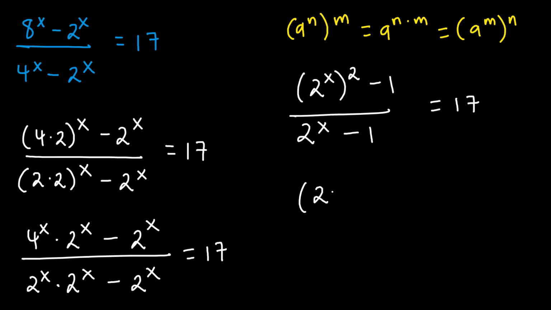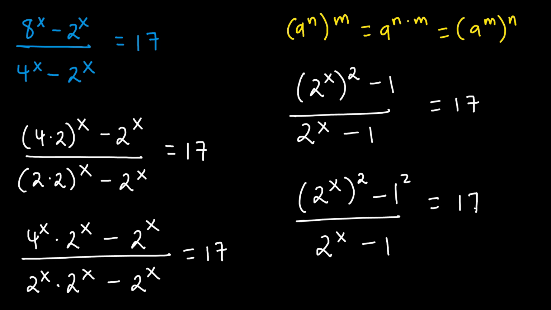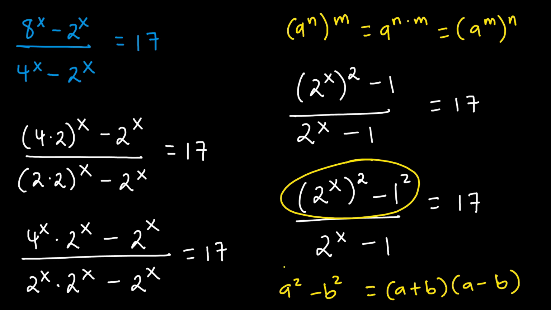So we shall have (2^x)^2 − 1, now 1 is the same as 1^2, divided by 2^x − 1, and this is equal to 17. And from the difference of two squares, whenever you have a^2 − b^2, this is the same as (a + b) times (a − b). So we shall express this in the same way.